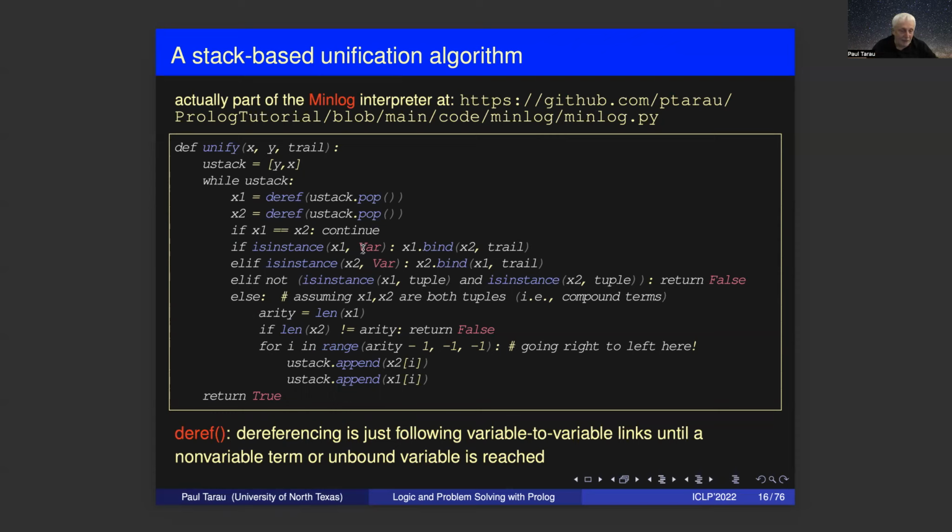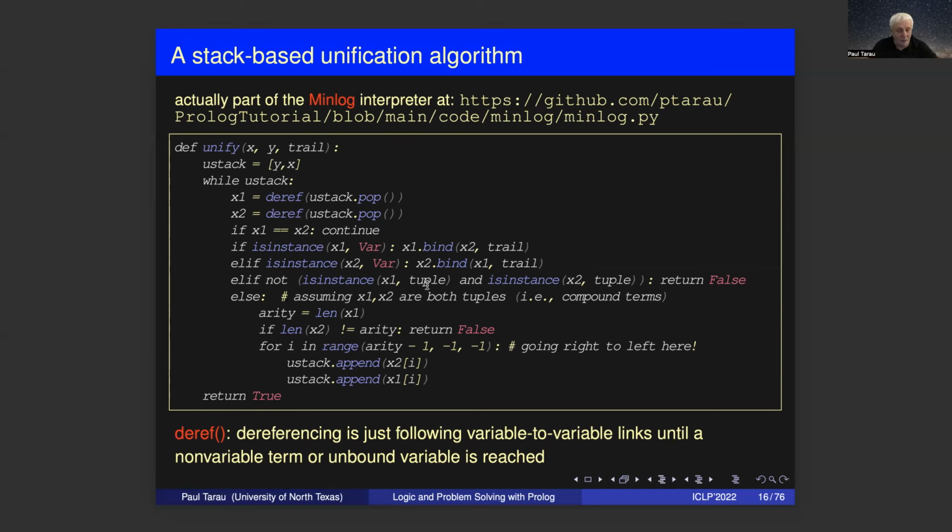If it's a variable, the first one, you bind it, and you have here a dynamic list in Python, a dynamic array that's called trail. It's an undo list, basically. If you want to clean up the bindings that you made, you can undo them by going over the trail and putting each variable back to its free state. The same story for x2, and then a case analysis here to see if it's a compound term, which can be represented by a nested tuple in Python.